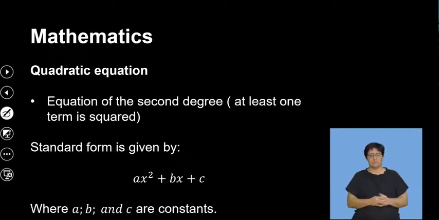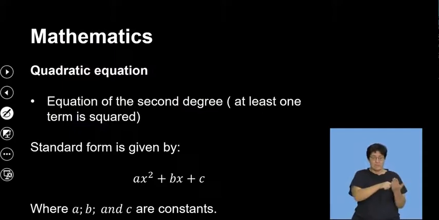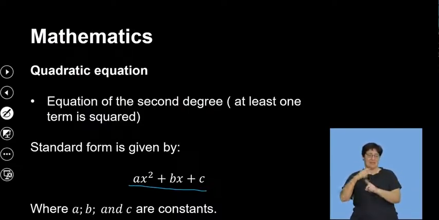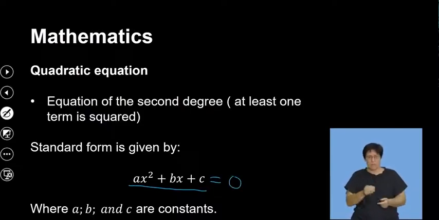Now, a quadratic equation is an equation of the second degree. What do I mean? At least one term needs to be squared, right? And the standard form is normally given by ax squared plus bx plus c. But because we're talking about an equation, we then need to include an equal to 0 there, or an equal to any other number.